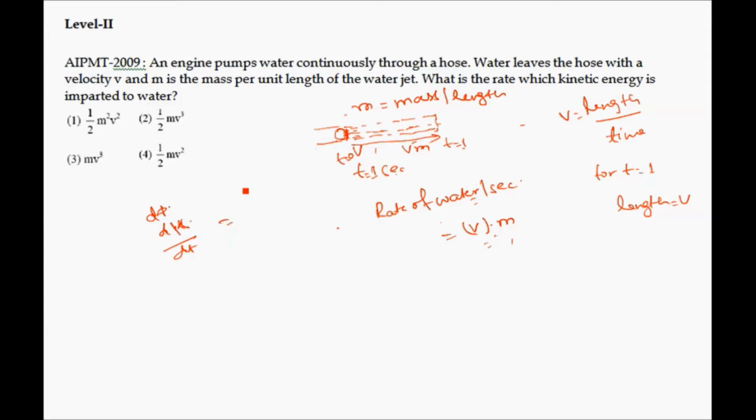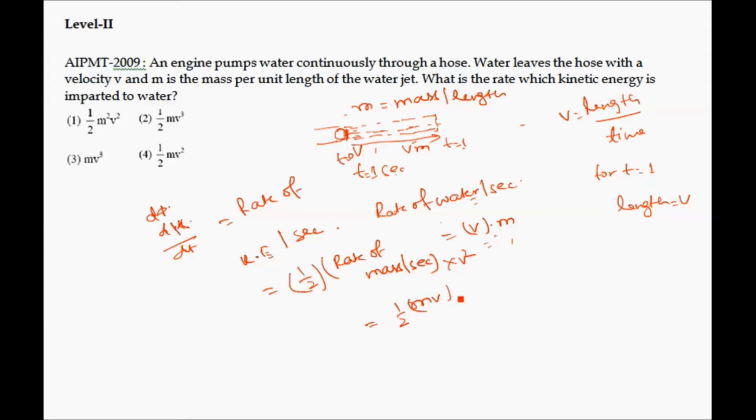So basically we have to calculate the rate of kinetic energy per second, and it is equal to 1 by 2 into the rate of mass per second into v square, which is equal to 1 by 2 into mv into v square. So the value comes equal to mv cube by 2. So answer will be mv cube by 2.